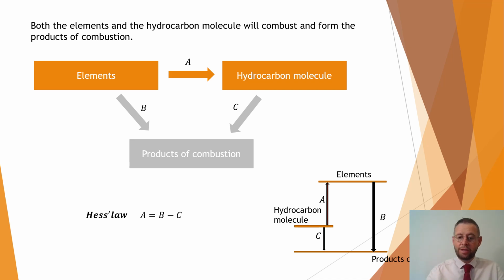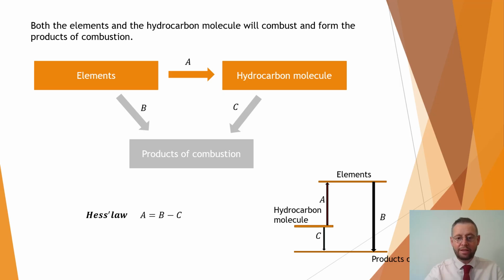Now, what we can do is work out that enthalpy change of combustion, C, by just rearranging Hess's law. In this case, A is the amount of energy required, as demonstrated by this picture at the top here, to go from the elements to the hydrocarbon.